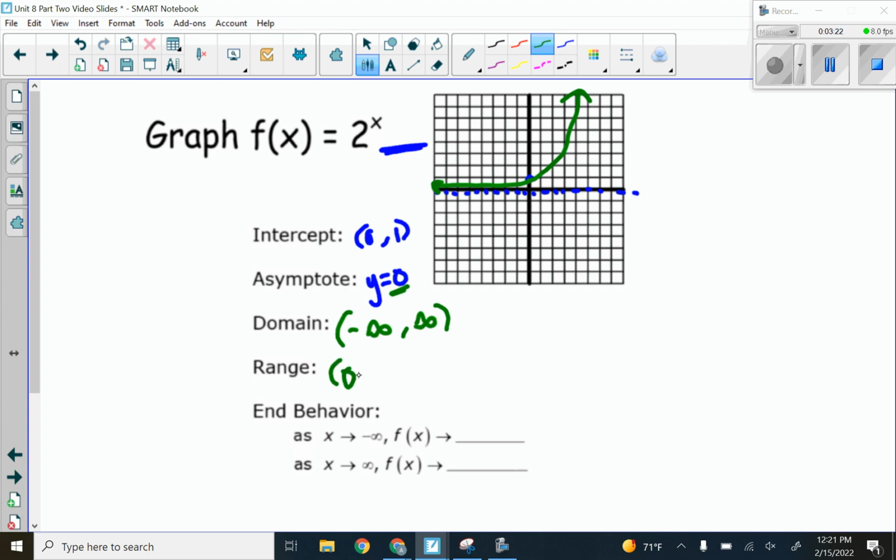So 0 with a parenthesis because it's not touching it, then it's going up to positive infinity. So as x approaches negative infinity, f of x, our y, approaches 0. As x approaches positive infinity, our y approaches positive infinity.